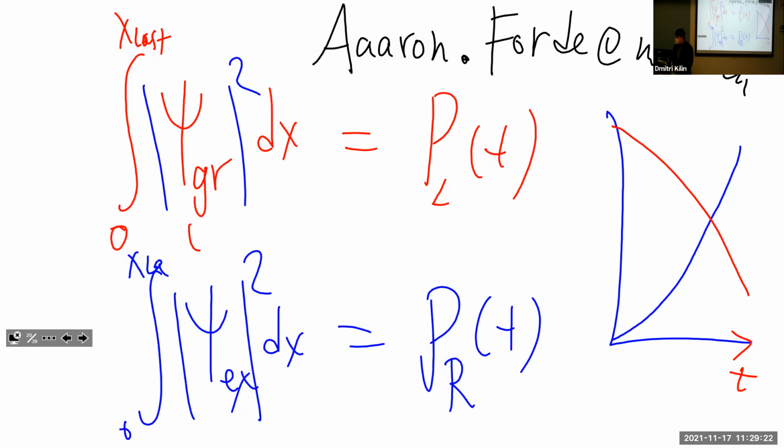And if we want to look for transfer rates in this setup, then reactant and product are integrated in the same way, but we are not looking for the center of the cell.